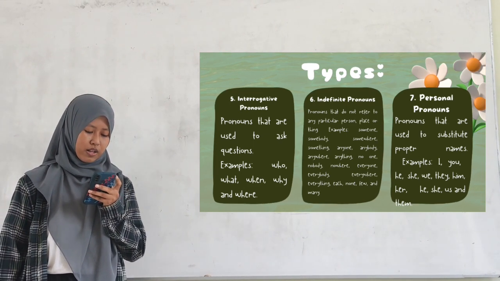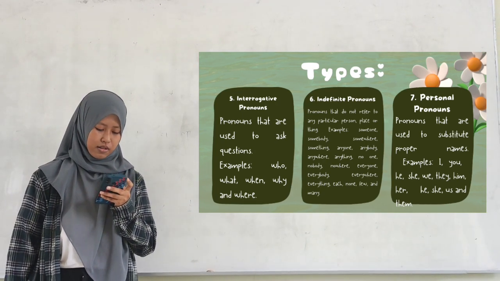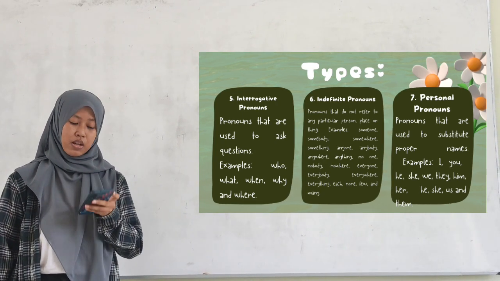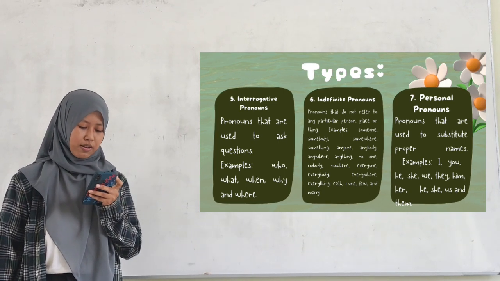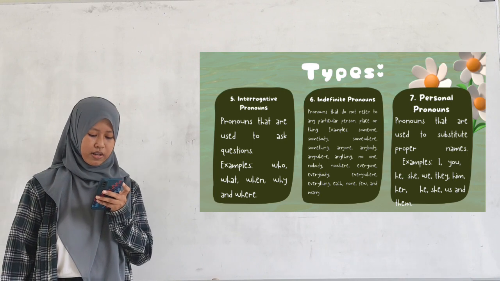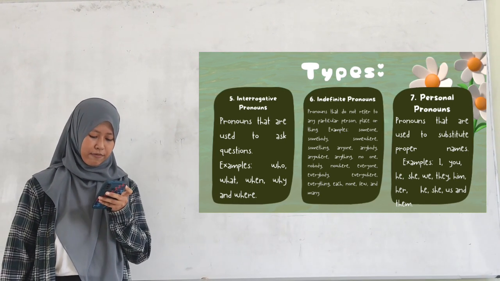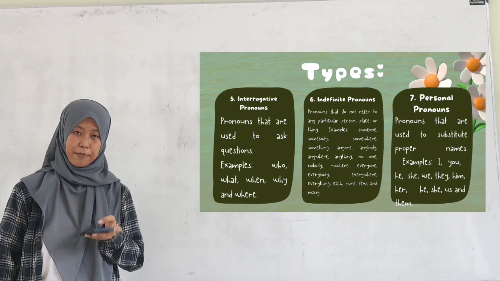The sixth one, indefinite pronouns are pronouns that do not refer to any particular person, place, or thing. Some examples are someone, somebody, somewhere, something, anyone, anybody, anywhere, anything, no one, nobody, nowhere, everyone, everybody, everywhere, everything, each, none, few, and many.